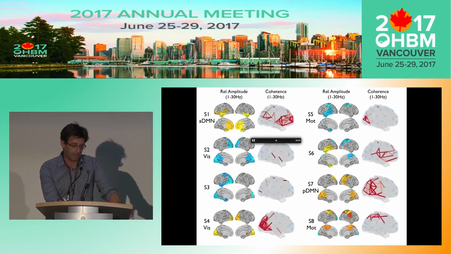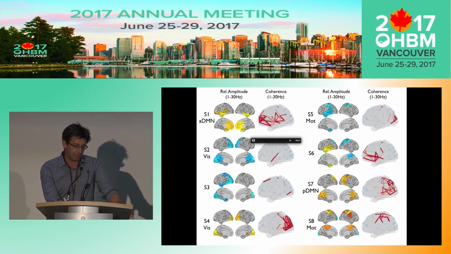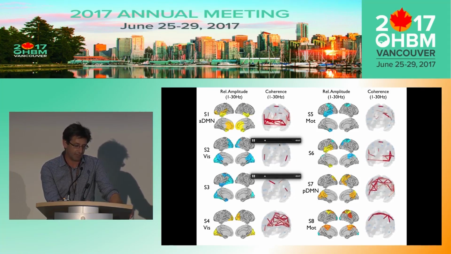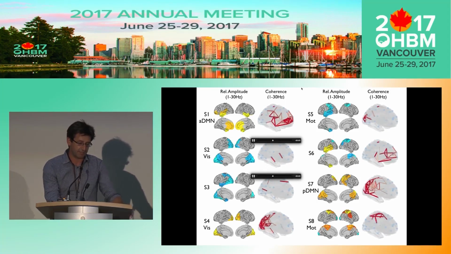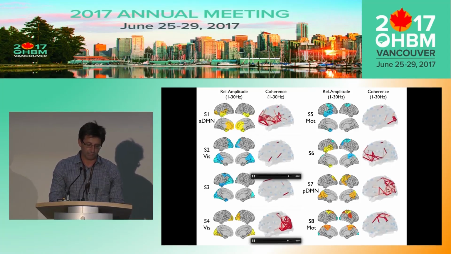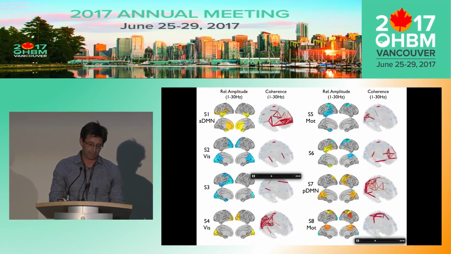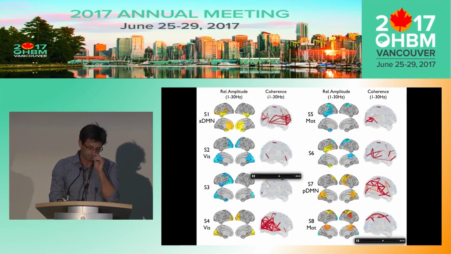So here I'm showing you the coherence, which is the measure of phase coupling, between 1 and 30 hertz, showing you the connectomes specifically for the 8 different brain states. So you can see very nicely that the visual state, for example, has phase coupling between visual areas, whereas the motor network has phase coupling between areas of the motor cortex.